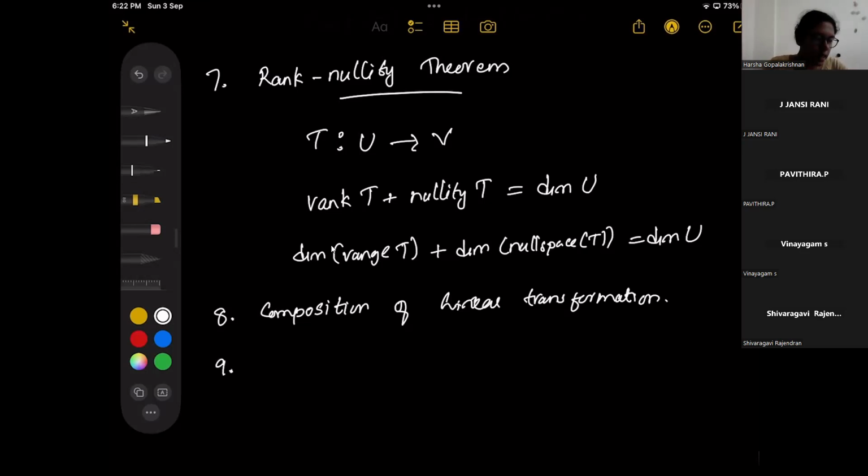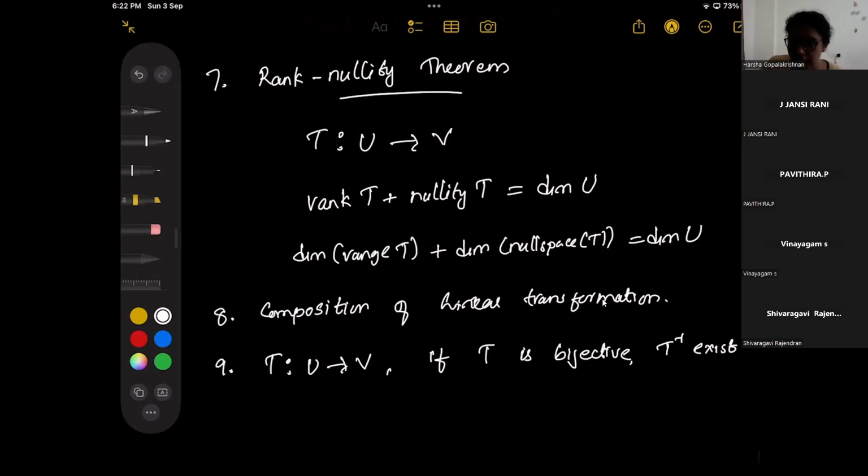Next, the inverse of a linear transformation. Suppose T is from U to V. U and V are two vector spaces and T is a linear transformation from U to V. And if T is bijective, then T inverse exists, right? If T is a bijective map, it is one-one and onto.